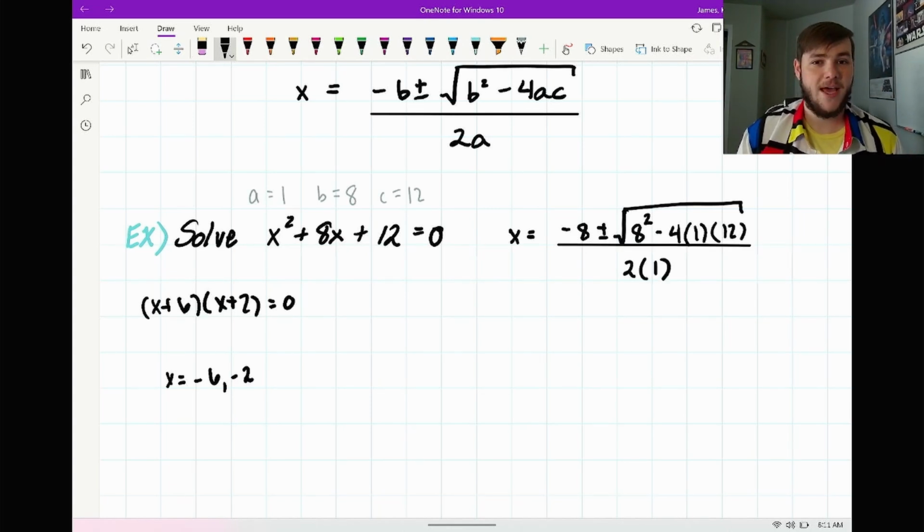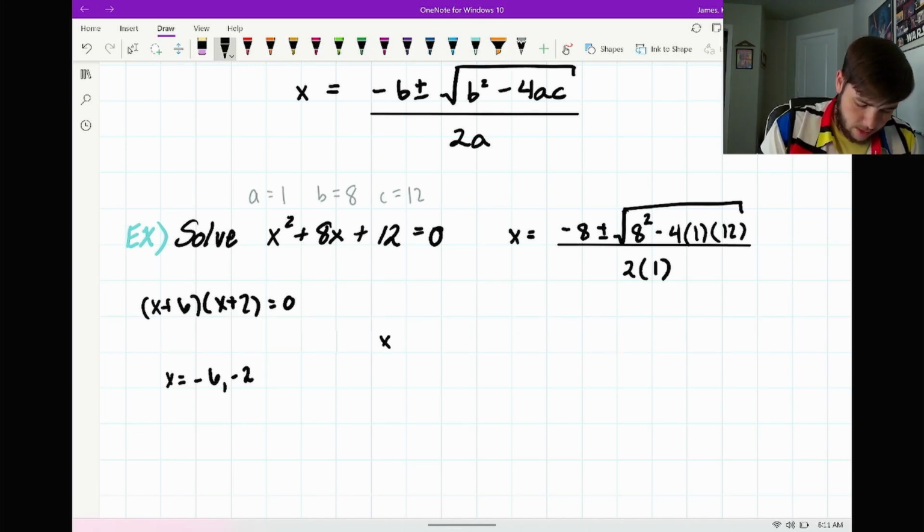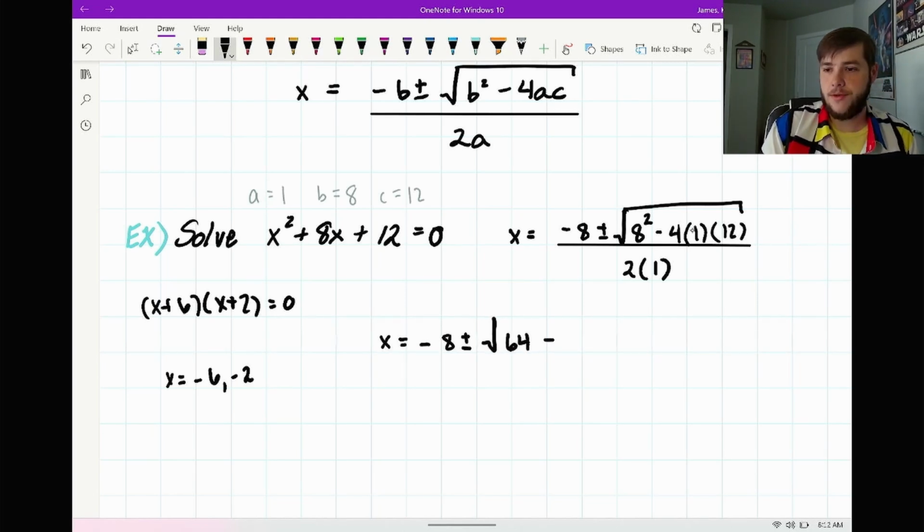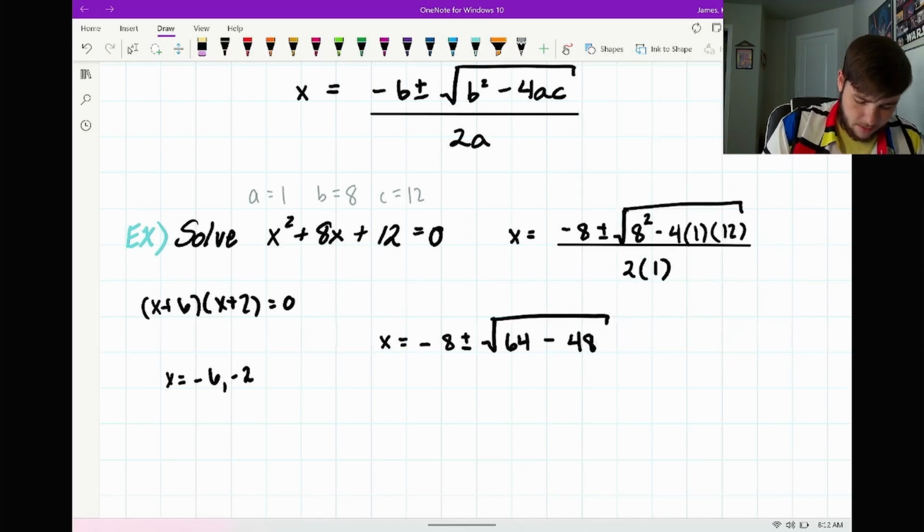And now I just have a lot of order of operations to do from here. Cleaning up inside the radical, I get the square root of 64 minus 4 times 1 is 4. 4 times 12 is 48. And in the denominator, I'm left over with just 2.